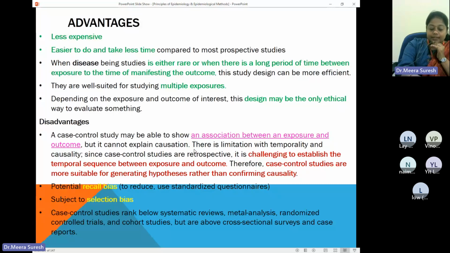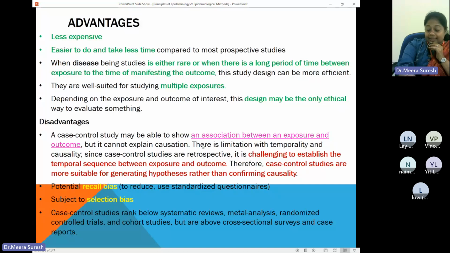Temporality means a sequence, a linear thing, a time development. We can't prove that in a case control study. In other words, you can say smoking will lead to lung cancer, but you can never say in how many years it is taking place, or whether it is a direct relationship.